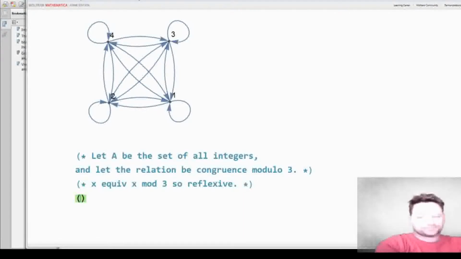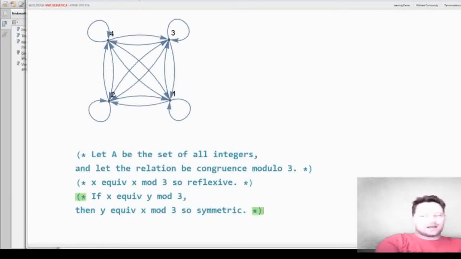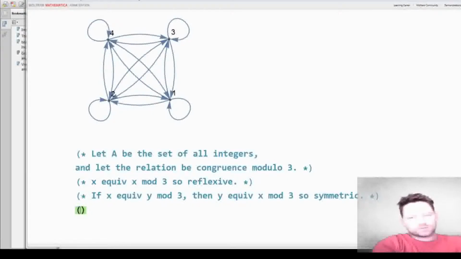Now what about symmetric? If x is congruent to y modulo 3, then y is congruent to x modulo 3. So symmetric. Now transitive is often a little bit more difficult to demonstrate.